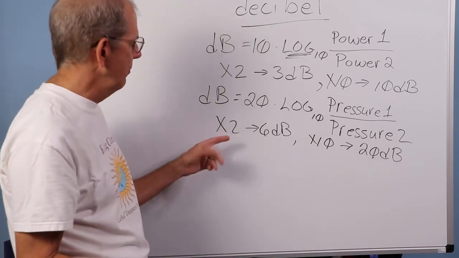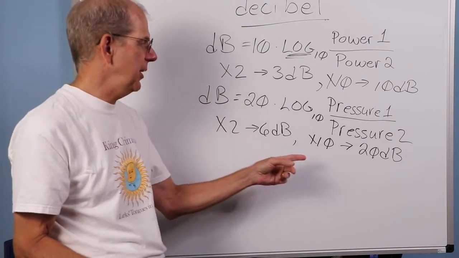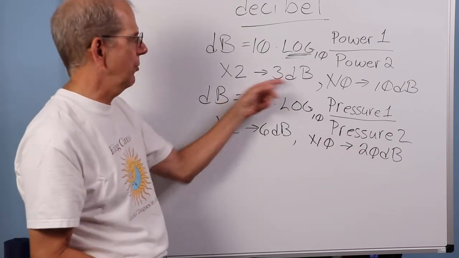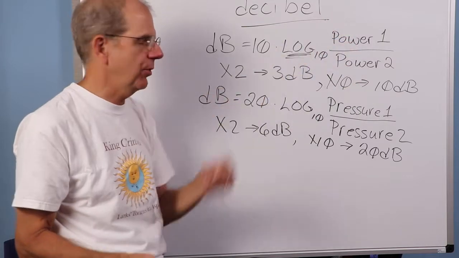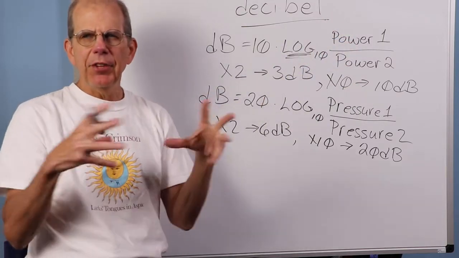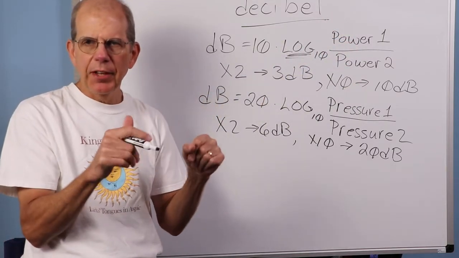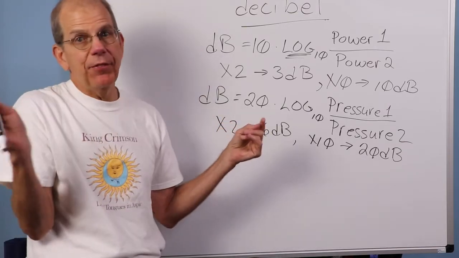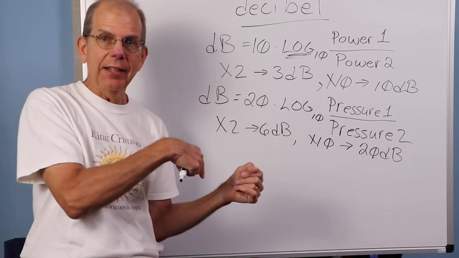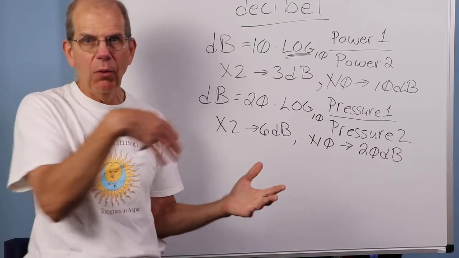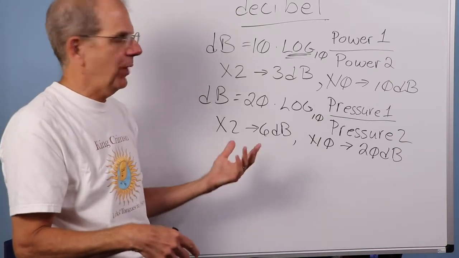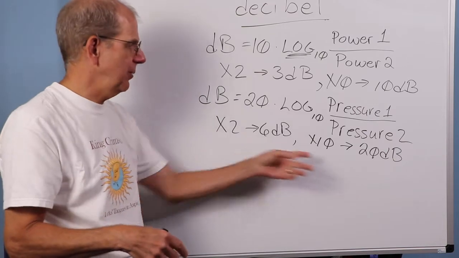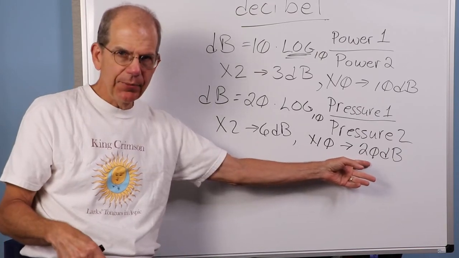It's still factors of 2 are 6 dB, factors of 10 are 20 dB, or 3 and 10 if you're doing the power version. But if things are getting smaller, then they just become negatives. So a factor of 2, 1/2 is a factor of 2 going the other way, right? 1/10 is a factor of 10 going the other way. So those would actually show up as negative 6 dB, negative 20 dB.